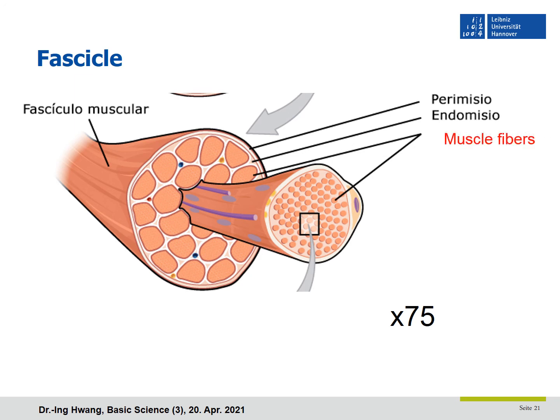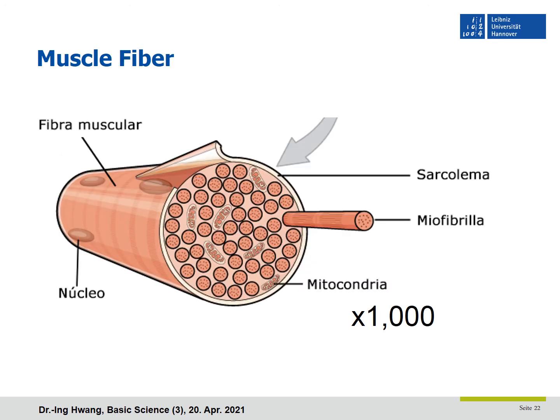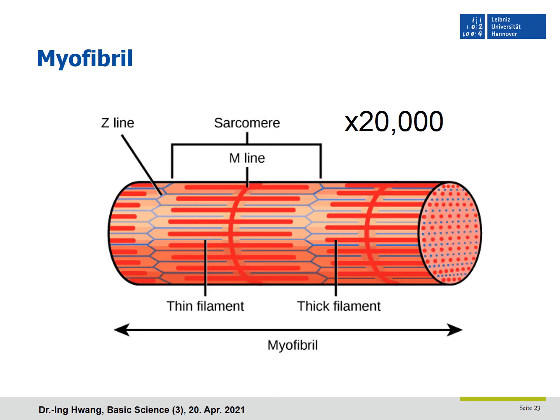When zooming in 1000 times bigger, we can see muscle fibers, and they consist of a number of myofibrils. When we zoom in 20,000 times, we can find a lot of filaments in the myofibril. The thinner one is actin, and the thicker one is myosin.